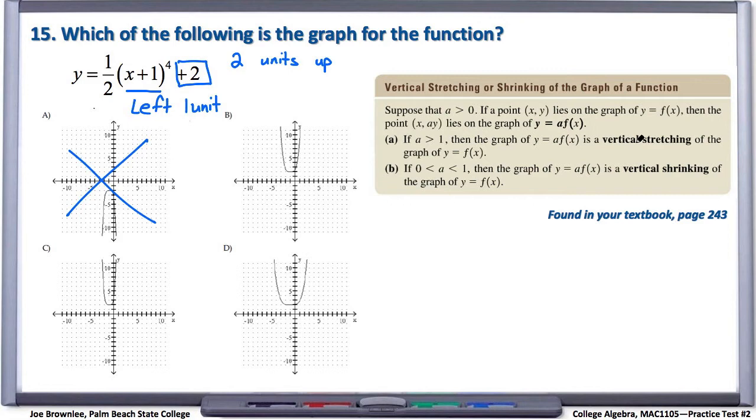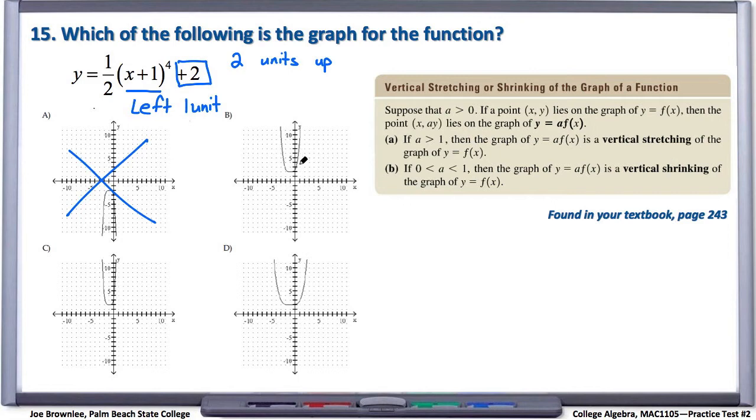You can think of vertical stretching as the graph getting skinnier. You're stretching it out, so it's getting skinnier. If, however, this leading coefficient a is between 0 and 1, so 0 is less than a, less than 1, then the graph is going to shrink. So you can think of the graph as getting wider, getting a little fatter, if you will.